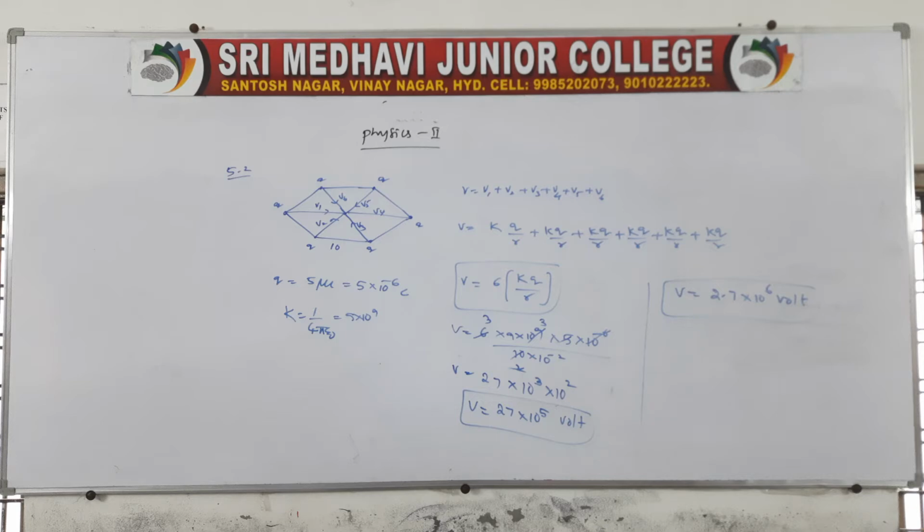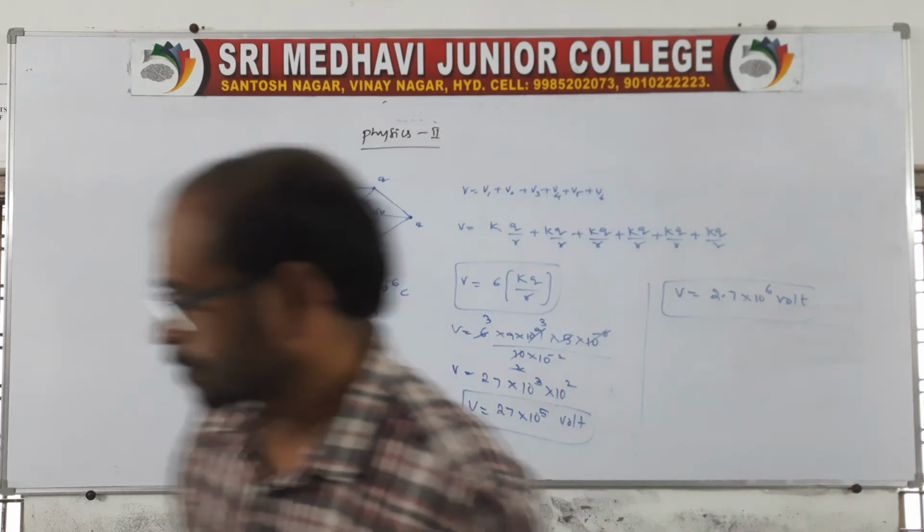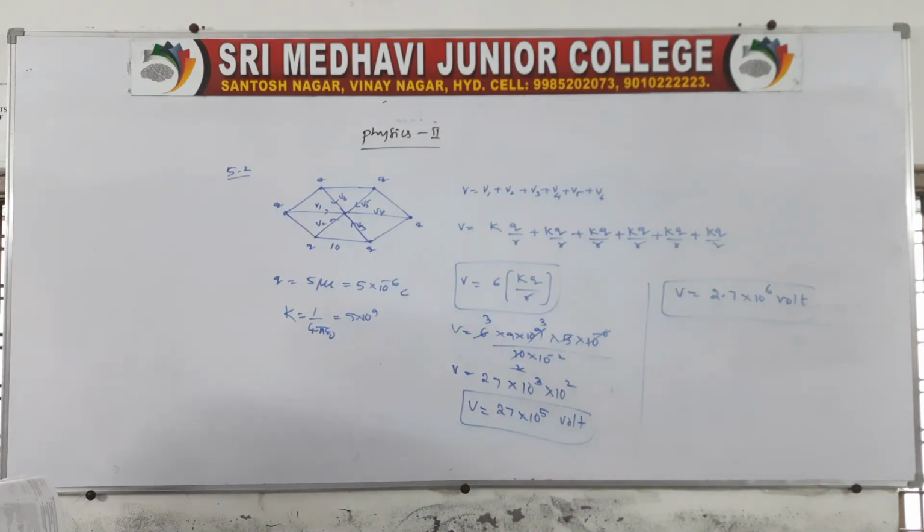Is it okay? Completed? So you go through the question, and this is the regular hexagon which is given like this.